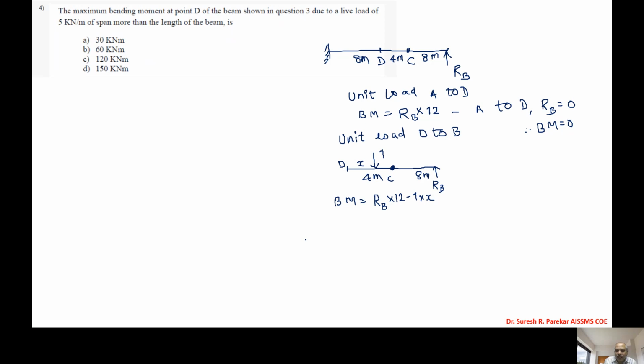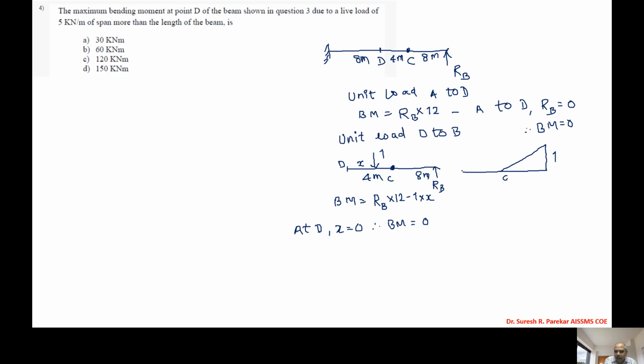Now if we put values at different points, at D we have X as 0, and therefore we get bending moment equal to 0. Because if I plot RB, we have RB in this way.